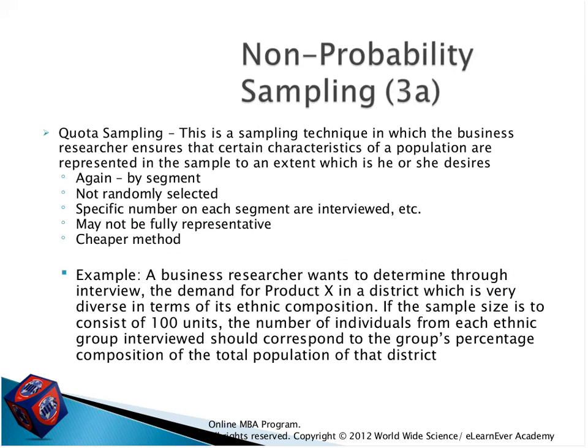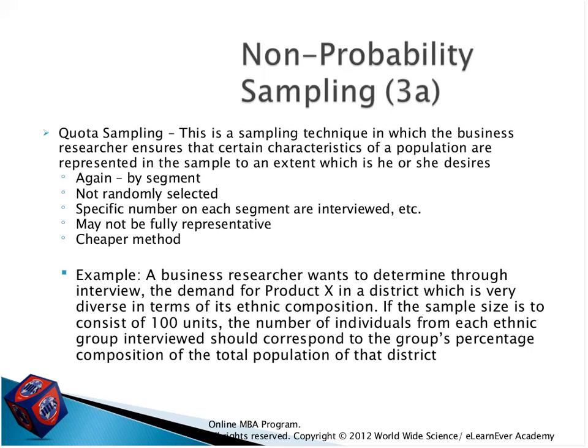So Pareto sampling is under non-probability sampling. Why? Because you don't choose your sample randomly. You choose it by a segment, by a specific number in each segment. It may not be fully representative, but it is a cheaper method.